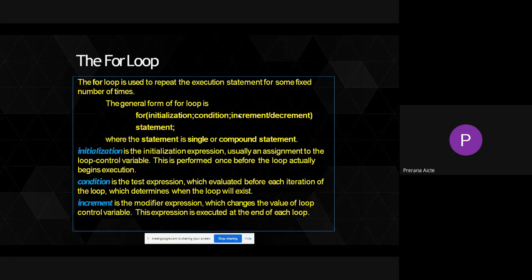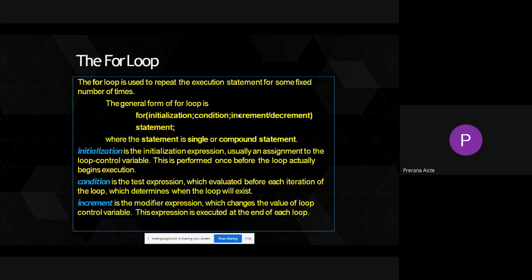The next one is the condition, which is the test expression. It is evaluated first, and depending upon its output, the loop will be iterated. Whether the loop continues its execution or stops is decided by this condition expression.